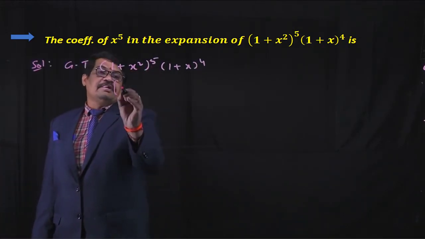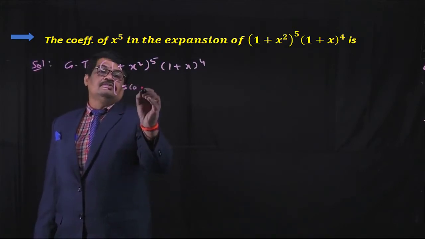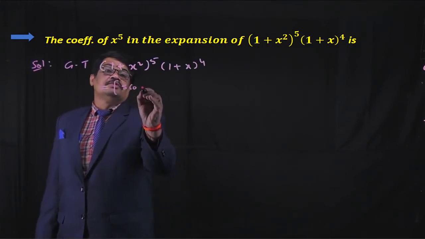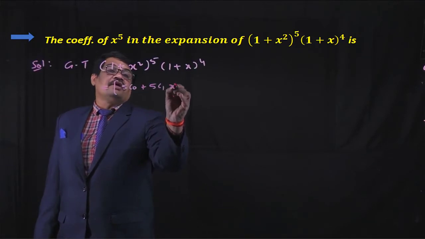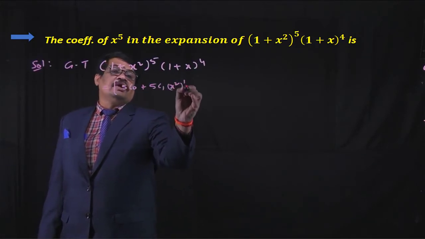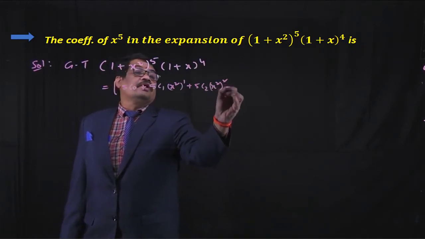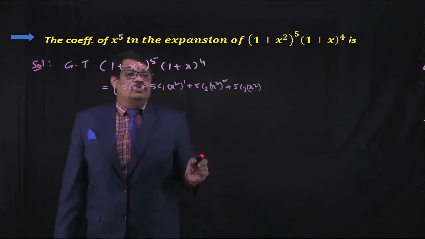In that expansion, 5c0 into 1 into x square whole power 0, next 5c1 x square whole power 1, next 5c2 x square whole square, 5c3 x square whole cube.